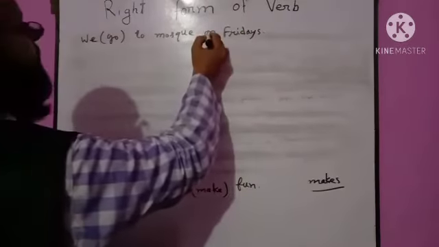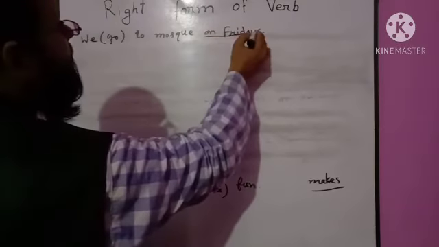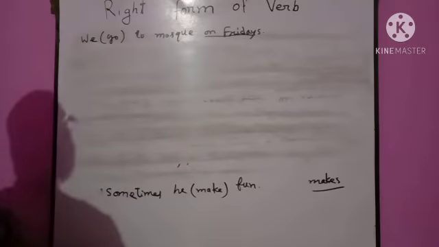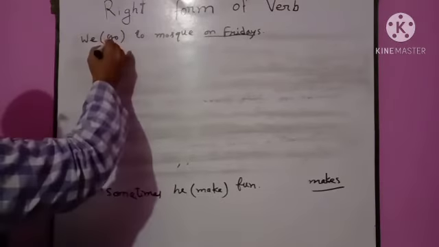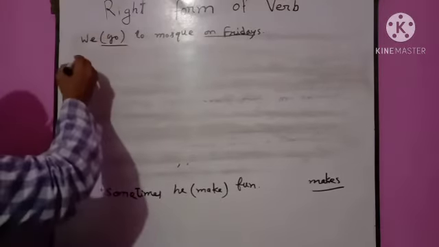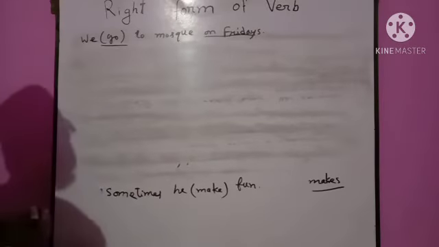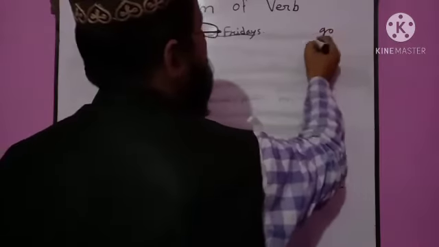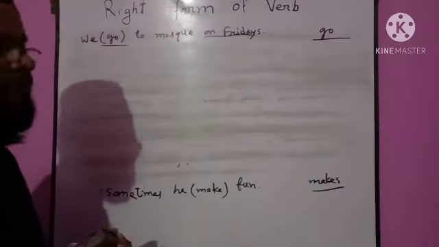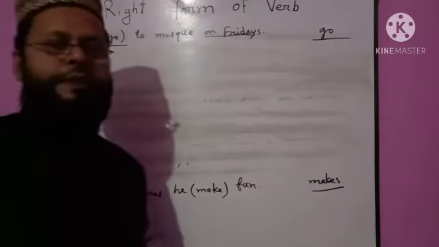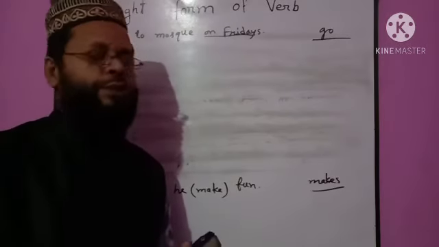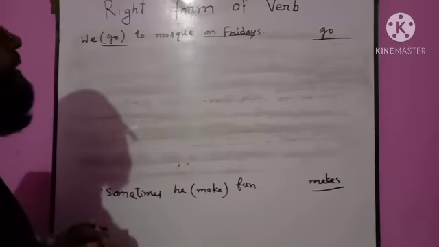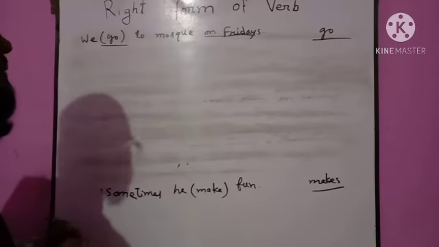On Fridays is a regular time. On Fridays means every Friday. So the verb will be present tense. As the subject is first person, we shall use go. Go is present tense. But if the subject is third person singular number, then we should use goes. Otherwise, the verb is similar to the basic form.